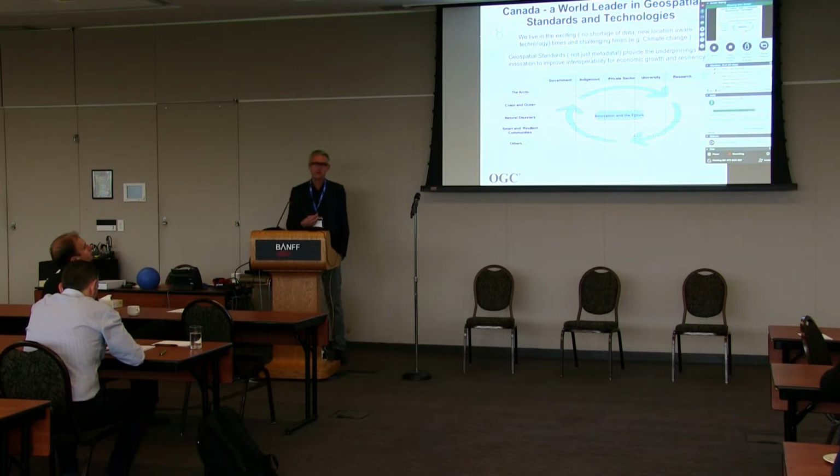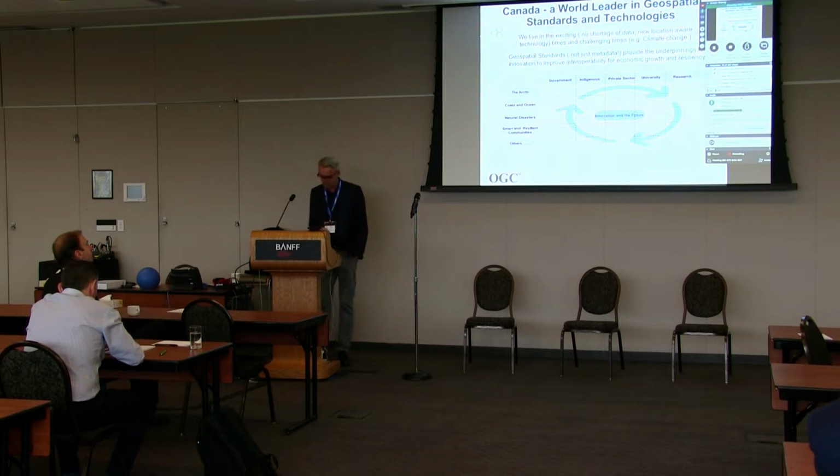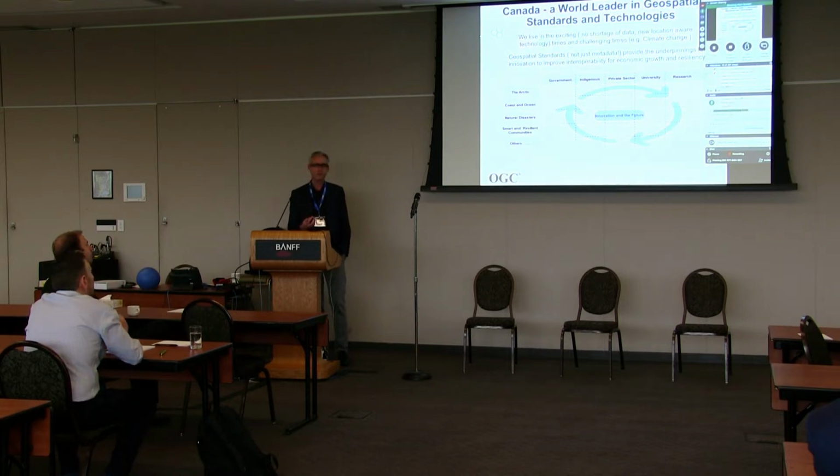So we know that geospatial standards support interoperability in providing meaningful, effective, and efficient ways to help manage and get better at both the interesting challenges and the kind of scary challenges. So this graphic here is a notional graphic.